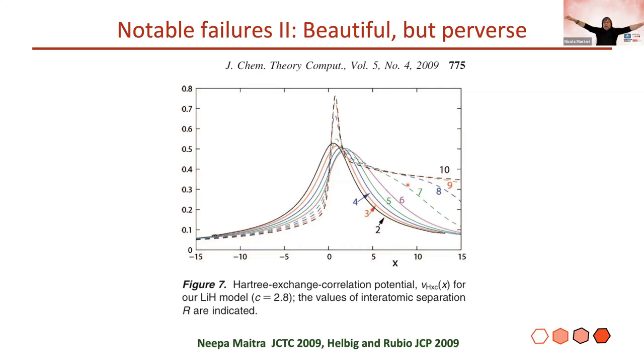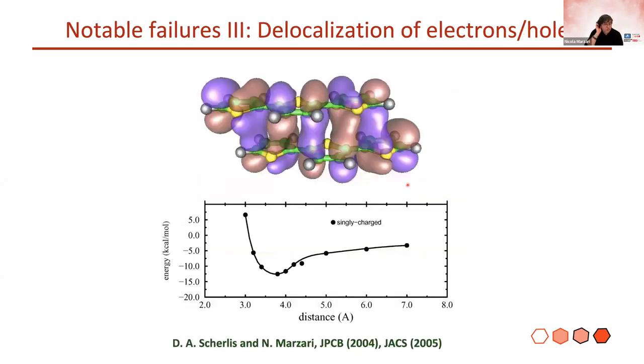So you are breaking apart the molecule, and in the middle, where there is no charge density, the exchange correlation potential needs to become singular in these weird ways. And so you can see very clearly how difficult, or impossible, it is to make an exchange correlation approximation that fixes this problem.